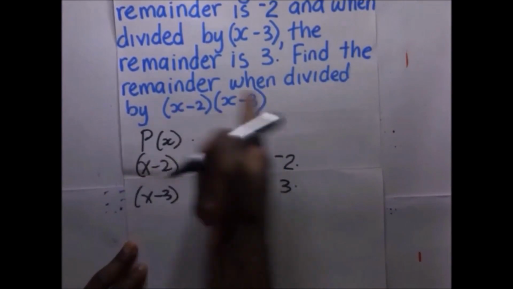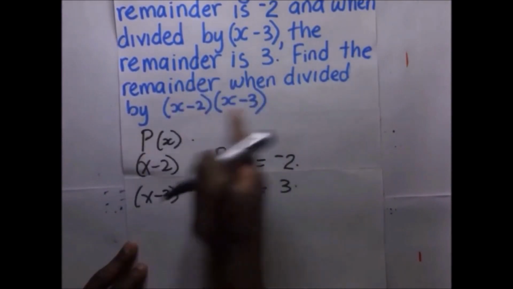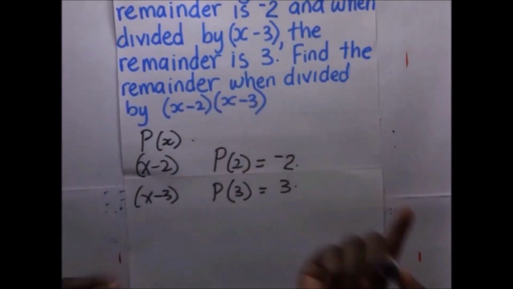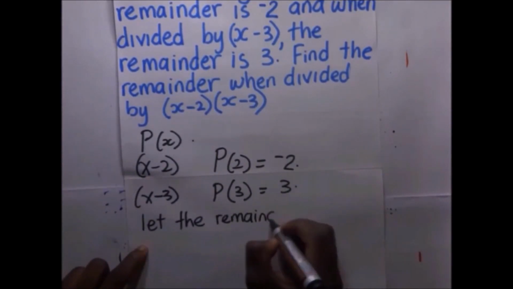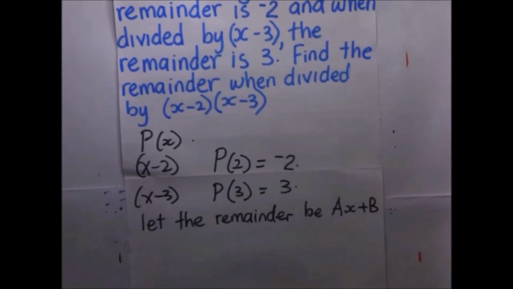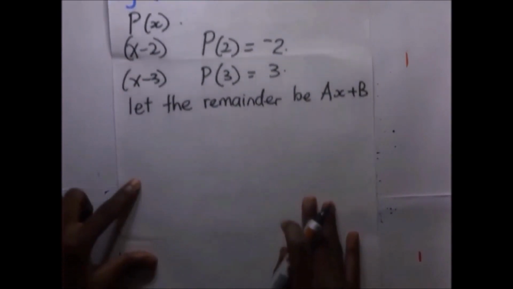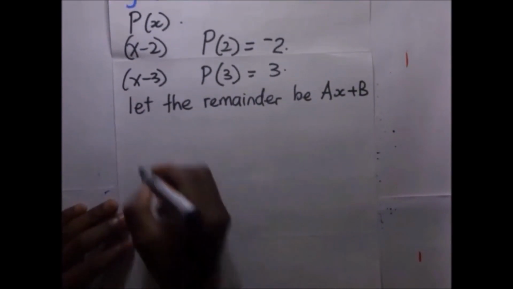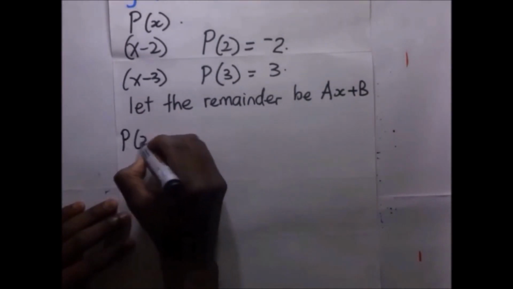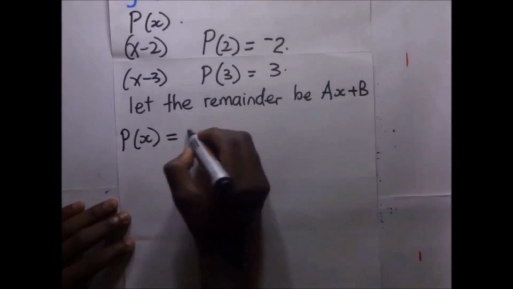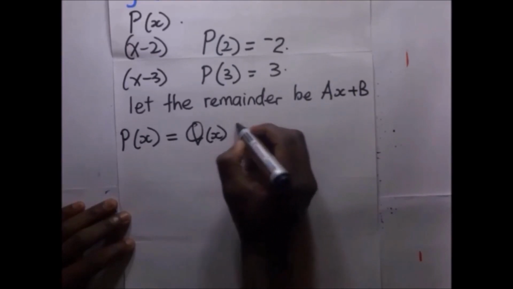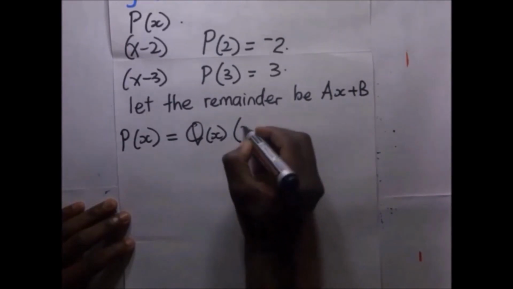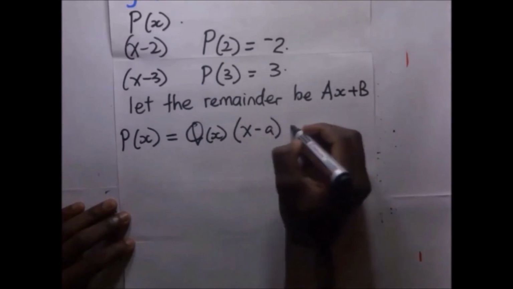Now when we multiply this by that, you get a quadratic equation. Let the remainder be ax plus b. Now from our previous videos we said that a polynomial p of x will be equal to the quotient q times the divisor, which is x minus a, plus the remainder.